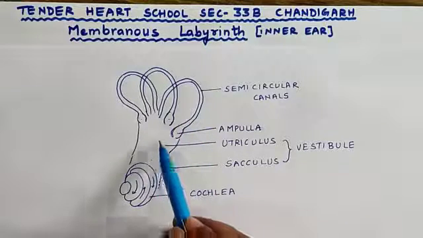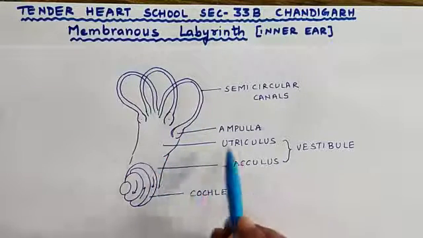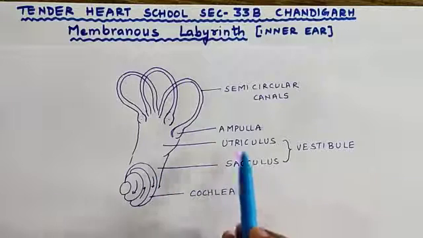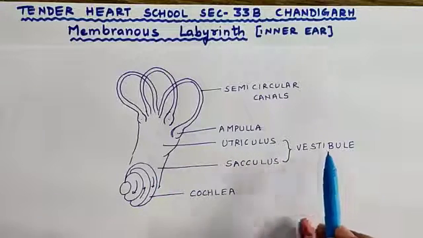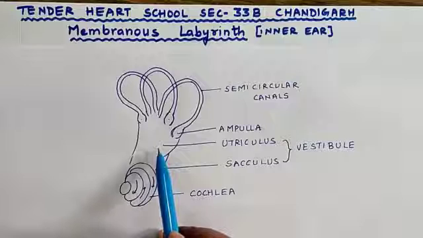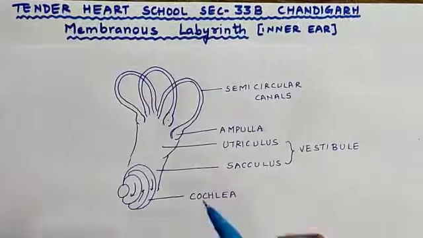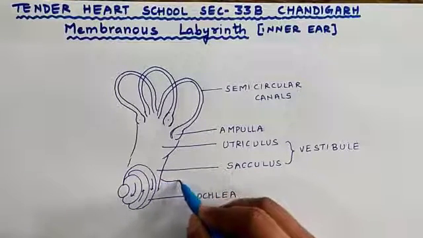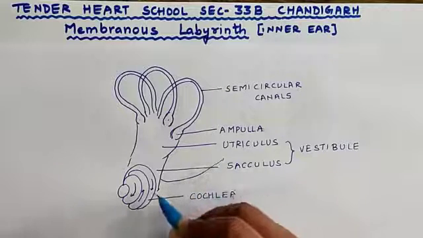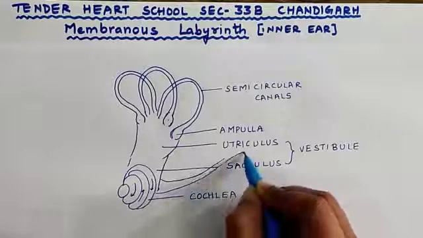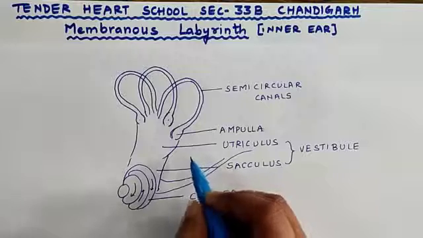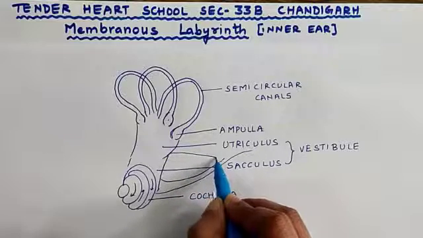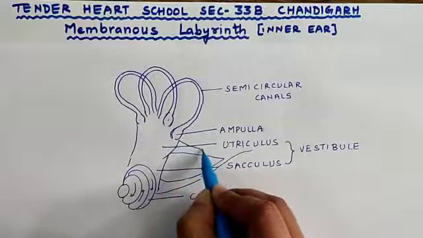Then we have this vestibule region which is made up of utriculus and sacculus. Together it is called the vestibule. The vestibule is responsible for static balance of the body. Now further, children, the auditory nerve is coming from this cochlea, and similarly from the upper region, right?